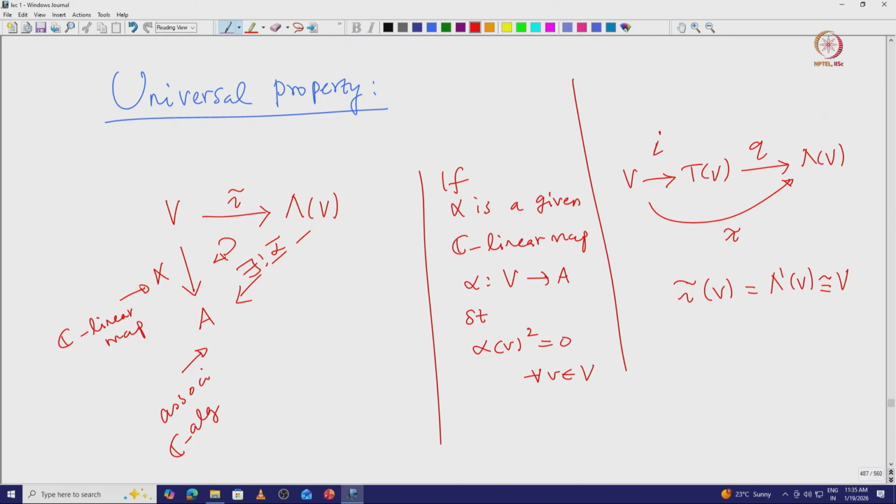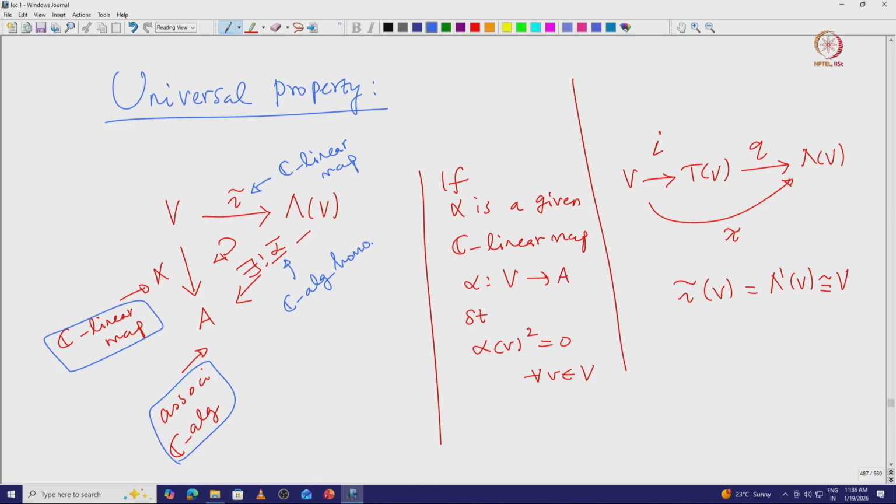this diagram commutes. What is this alpha bar? This alpha bar is indeed a C-algebra homomorphism, and these two are C-linear maps, and A is an associative algebra satisfying this property.